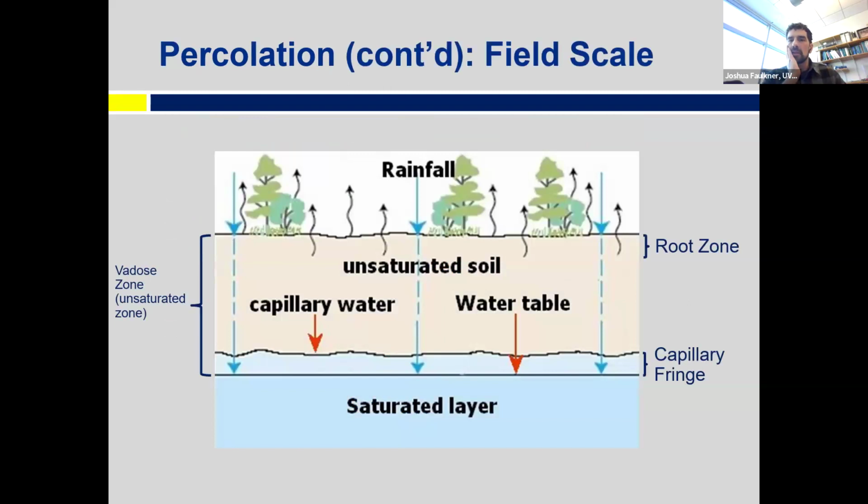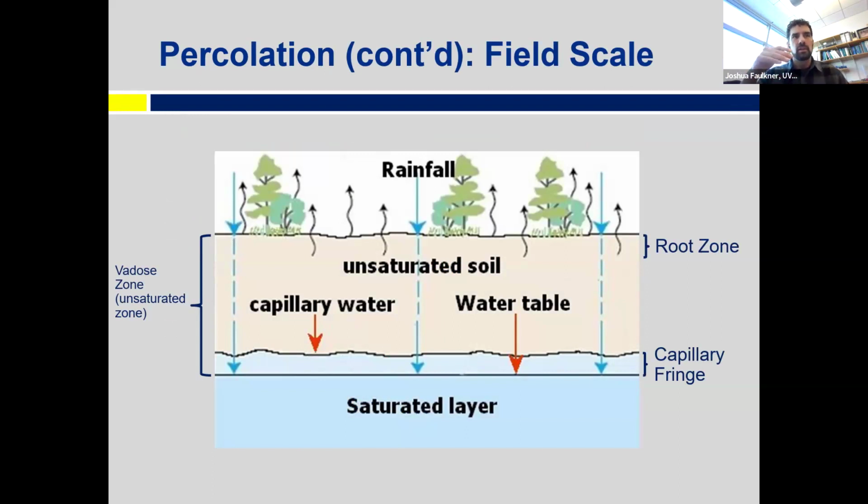I just like this section view of a soil profile where you can see the different water fluxes represented by arrows. You can see the root zone, the area of the soil between the root zone and the saturated layer of the groundwater table, and then the capillary fringe.